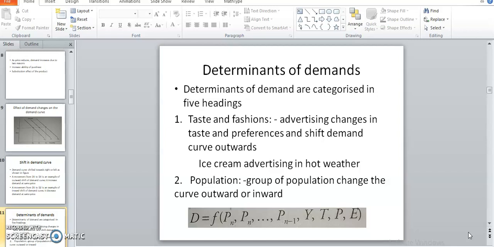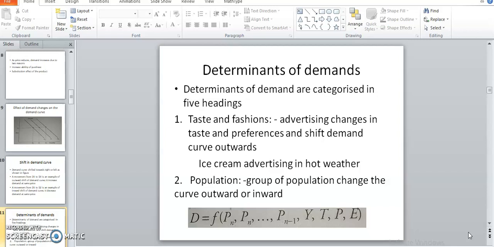Similarly, ice cream advertising in hot weather changes the taste of particular consumers. So taste and fashion contribute to changing the demand curve toward the left or toward the right.